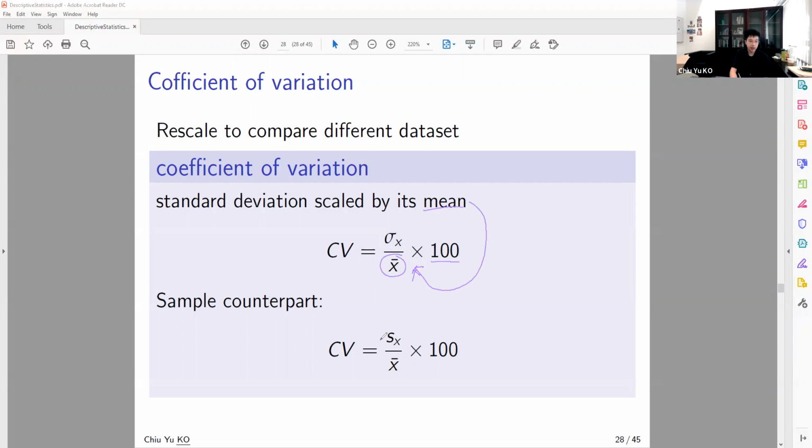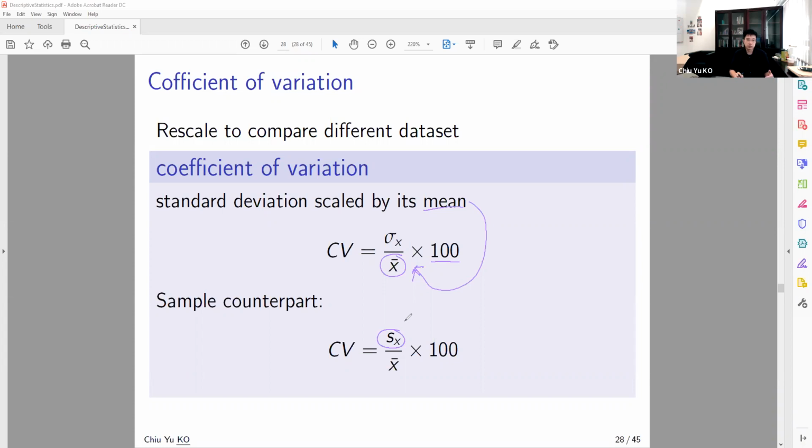Same for the sample counterpart, this one. The reason you want to do this is that you don't want to be affected by the mean. There are different ways to do the measurement unit; you can measure things in thousands or in millions.